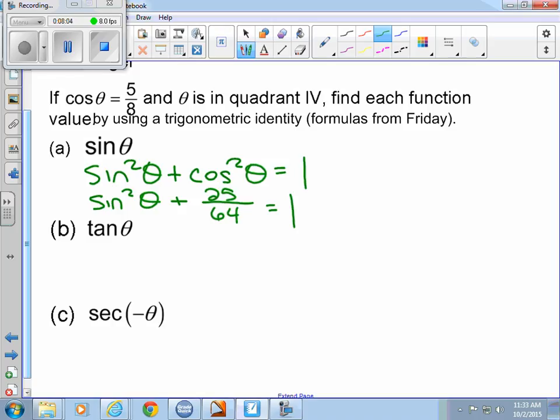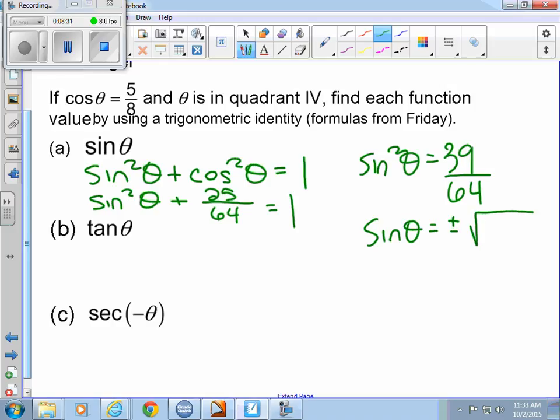So what did you get? 39. And then square root that? I agree. So sine of theta would be plus or minus the square root of 39 over 64.